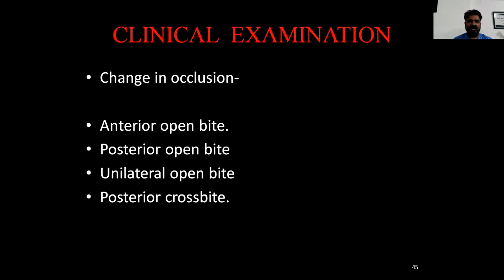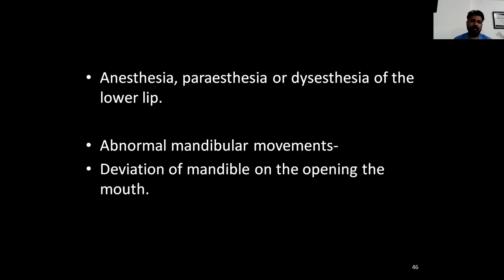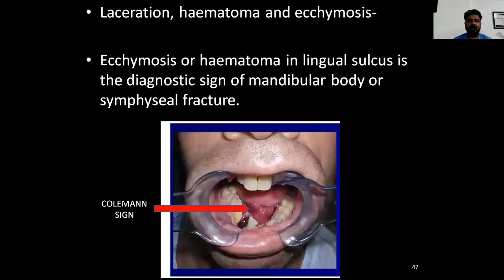Change in the occlusion: anterior open bite can be there, posterior open bite can be there, unilateral open bite or posterior cross bite. Anesthesia, paresthesia, or dysesthesia of the lower lip. Abnormal mandibular movements, deviation of the mandible on opening of the mouth. Laceration, hematoma, and ecchymosis. Ecchymosis or hematoma in the lingual sulcus is the diagnostic sign of mandibular body or symphyseal fracture.